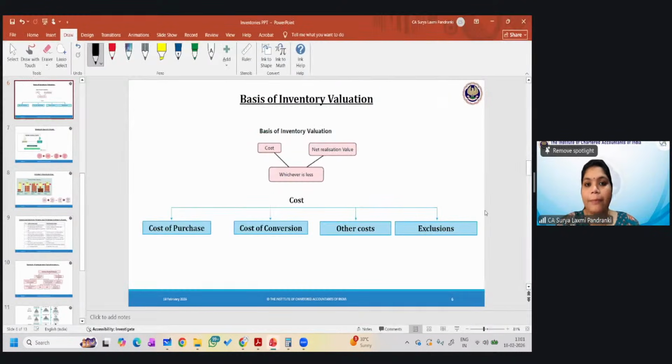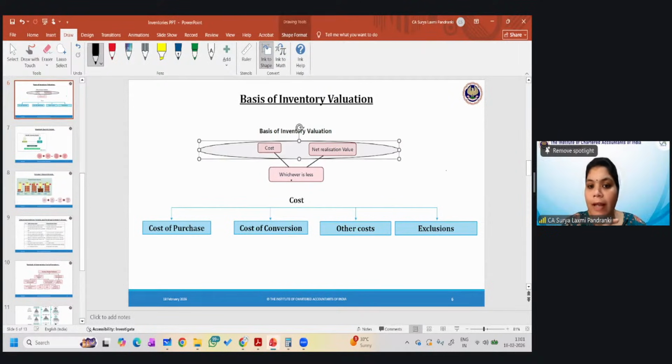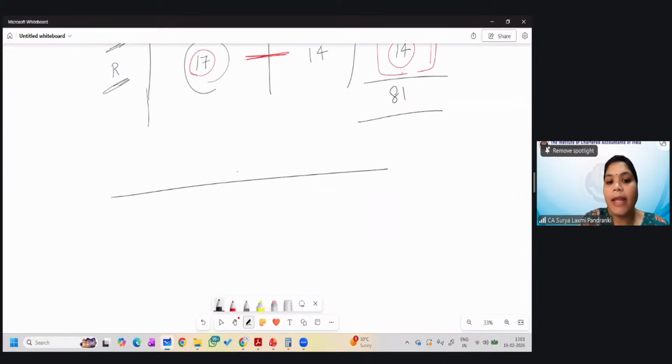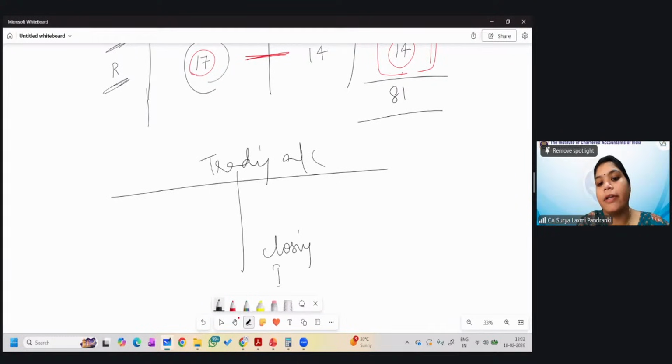Let's go back here. Here, you can see the PPT that I'm displaying. Cost or NRV, whichever is lower is what we will have to take, right? Now, in this question, cost or NRV, whichever is lower is your value of inventory, which means when I am taking my trading account, I have to show closing inventory, correct?